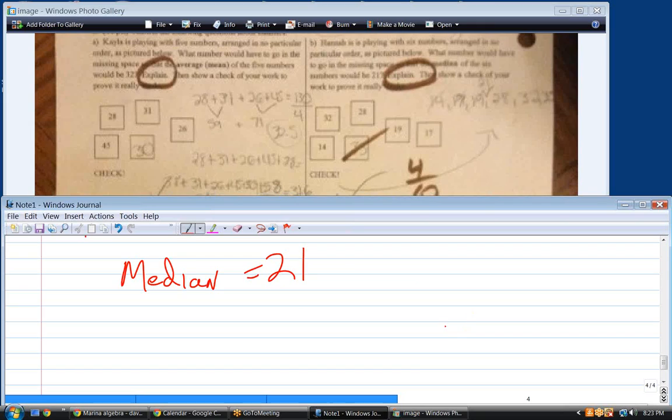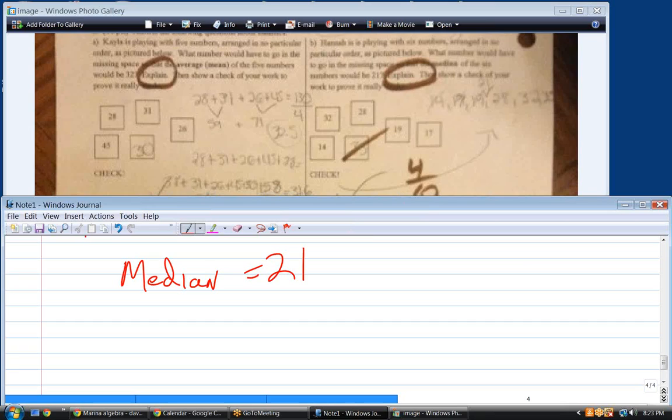Okay. So since they're asking about the median, what's the difference between mean, median, and mode? Mode is the most frequent number, and then median is like the middle number. Okay. If we were looking for the mean, then the order that we write the numbers wouldn't be important. We would just add them all up, right?